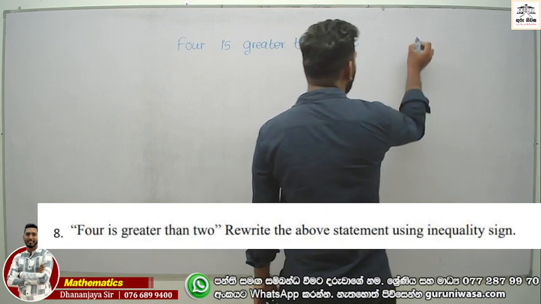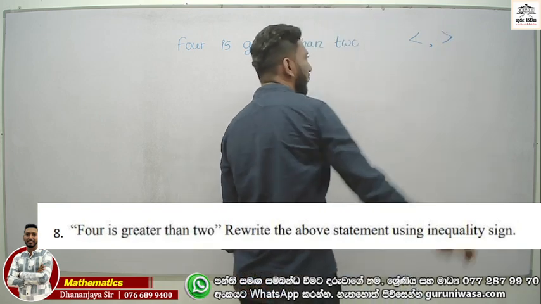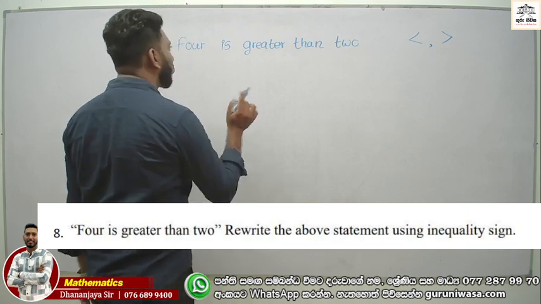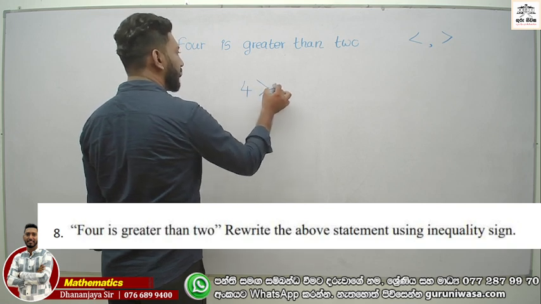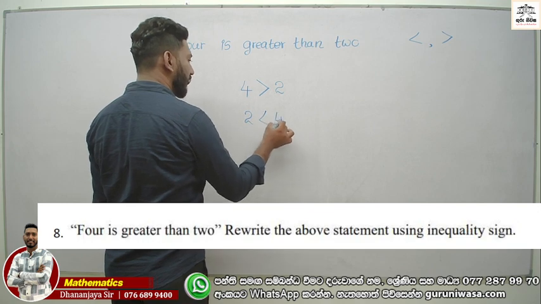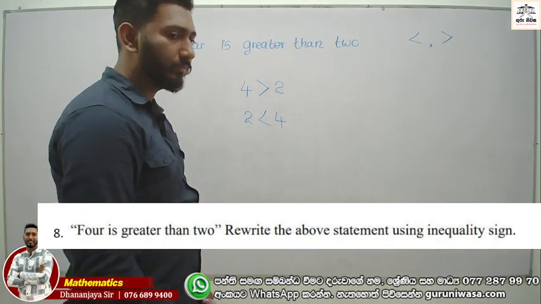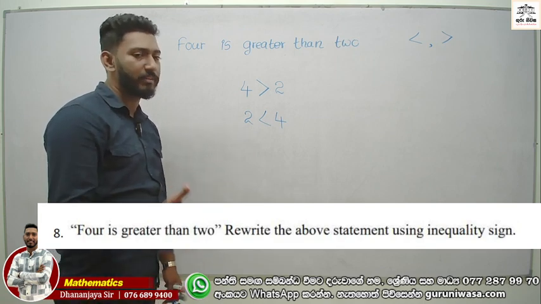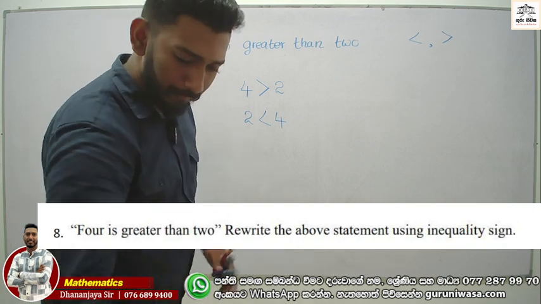Remember the inequalities are like a crocodile mouth, කිඹුලයි කට ඇරෙන්න ඕනේ ලොකු පැත්තට. Therefore, 4 is greater than 2. Or you can write it like this, 2 and 4. The mouth should open towards the larger side, 4.